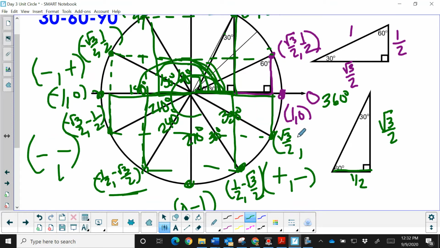And then the y-coordinate is negative 1/2, because it's the short leg and we're going down. Okay, those are all the angles, and these are all the ordered pairs for your 30, 60, 90 families to create the unit circle.